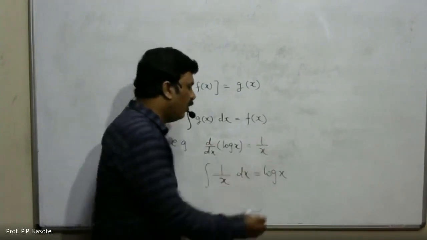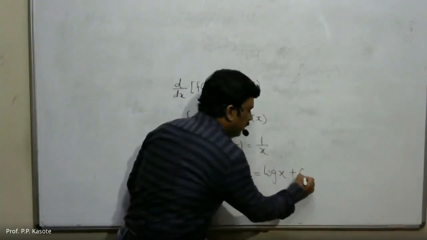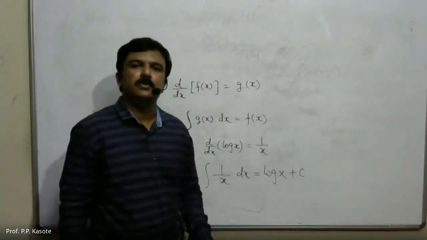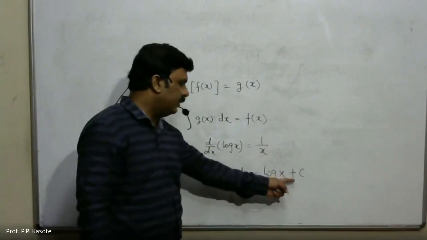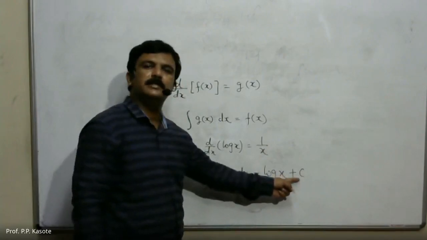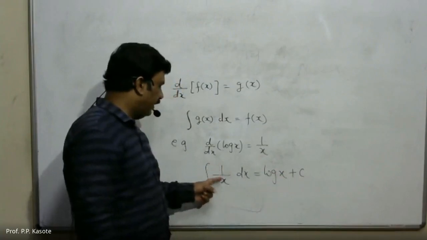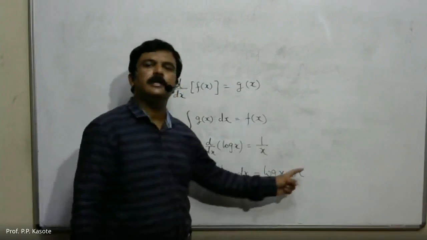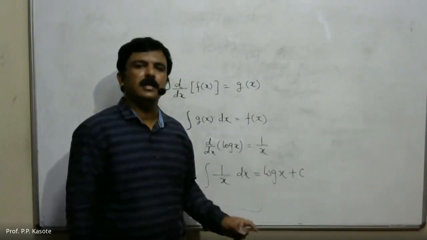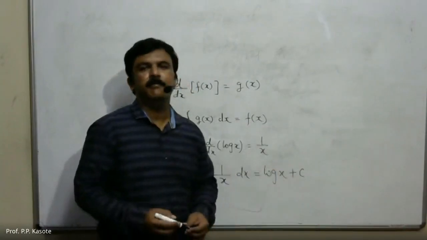We write log x plus c. Assuming that constant, we add it to the final answer; we really must not forget to write this plus c. It means that the integral of 1 upon x is not just log x, it is log x plus c. In every integral, we will not forget to write this plus c.